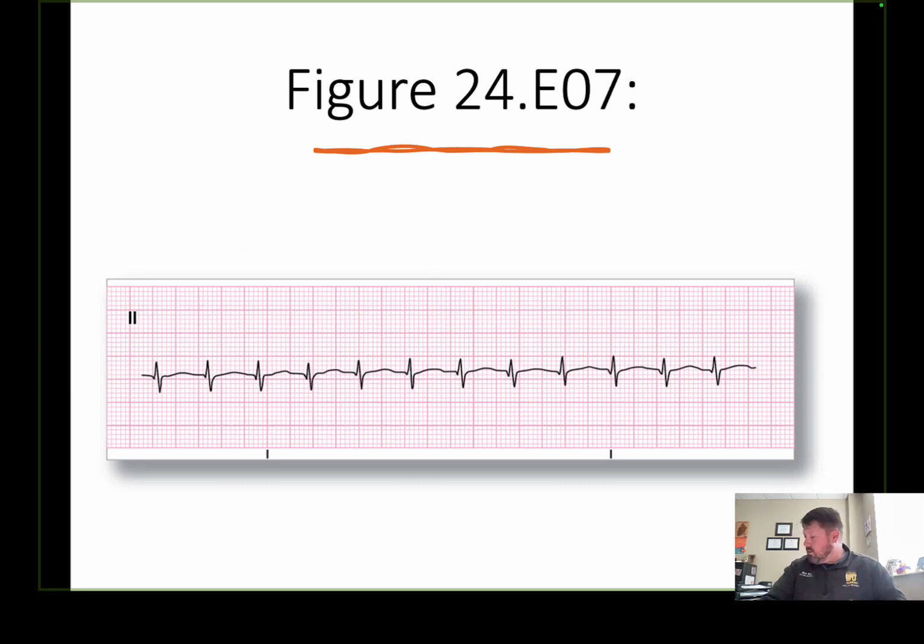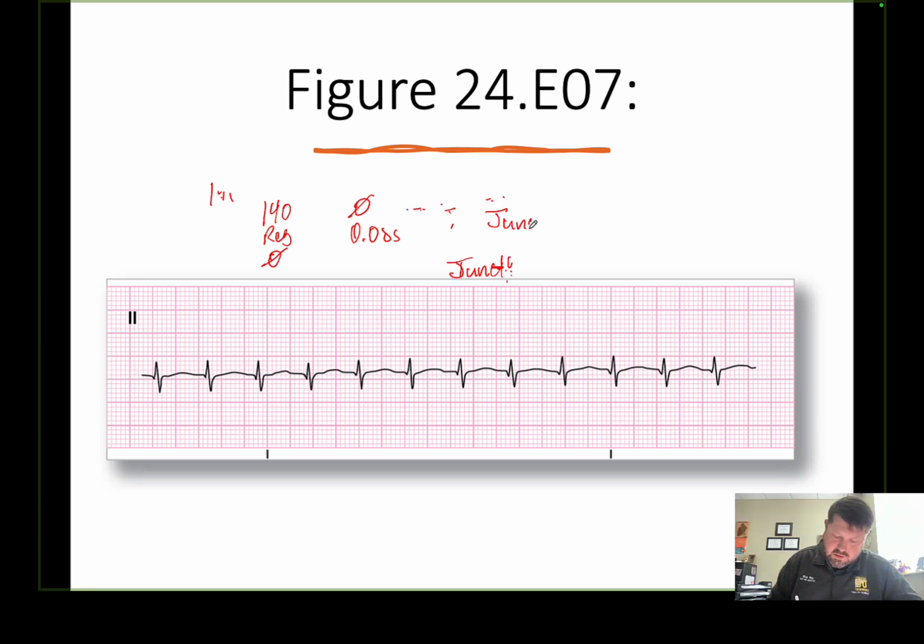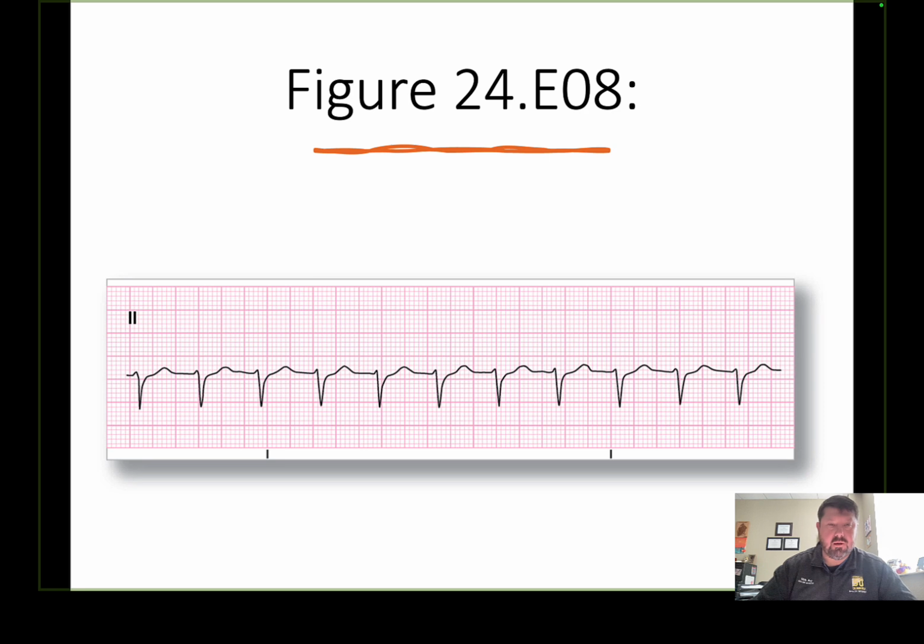This rhythm here, I've got a rate of about 140 again. I've got a regular rhythm. This time I have no P wave, no PRI, and a QRS of 0.08 seconds. This is junctional tachycardia. And our last example here, I have no P waves.